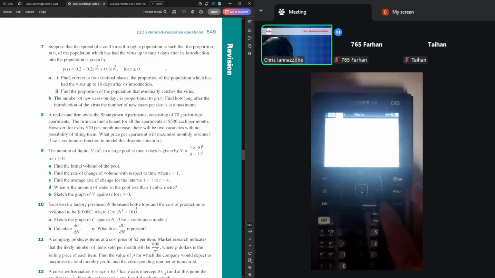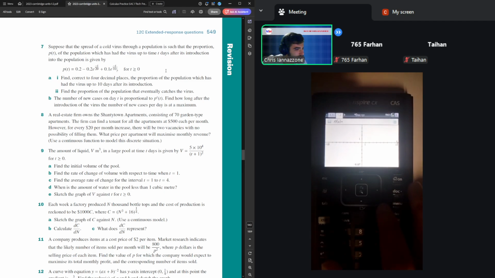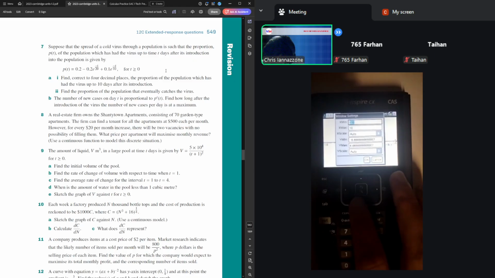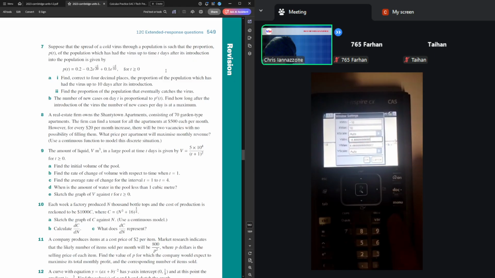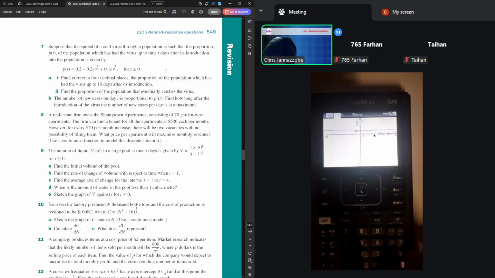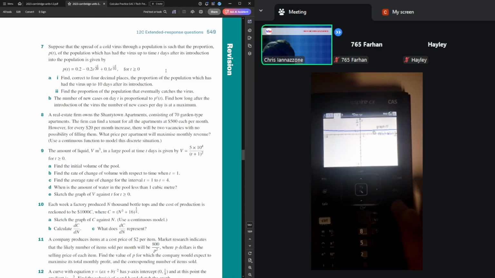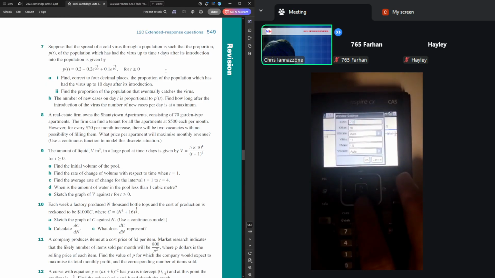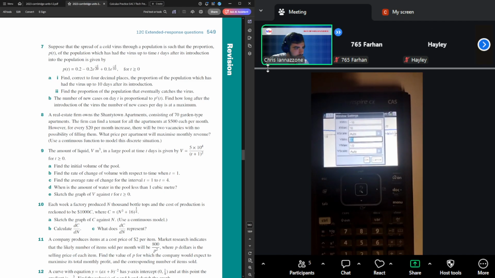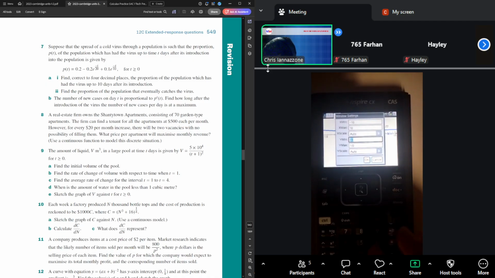You also have limits, and I think you can do direct substitution as well. Any ideas on how we'll go about it, or even what the answer might be?